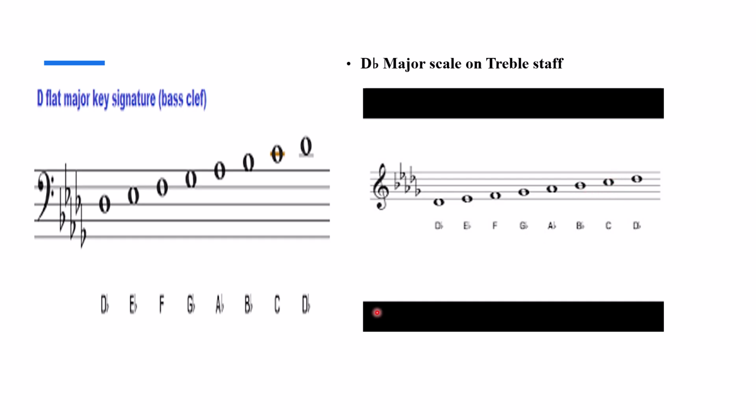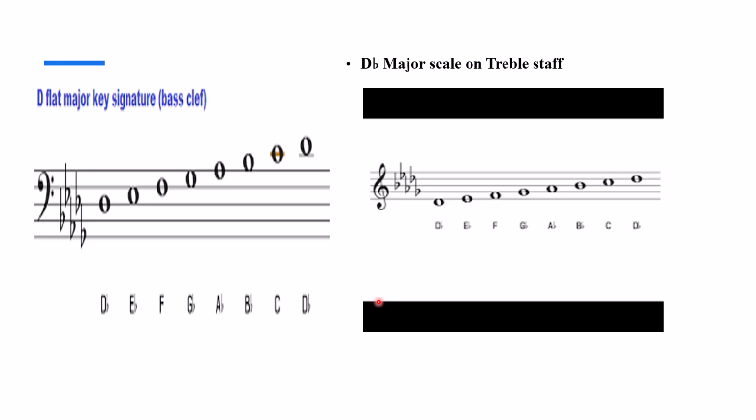I mentioned last week that if you want to write these key signatures on the staff, you will write them accordingly from the first sharpened note, like I said on B major. It also applies for flat.